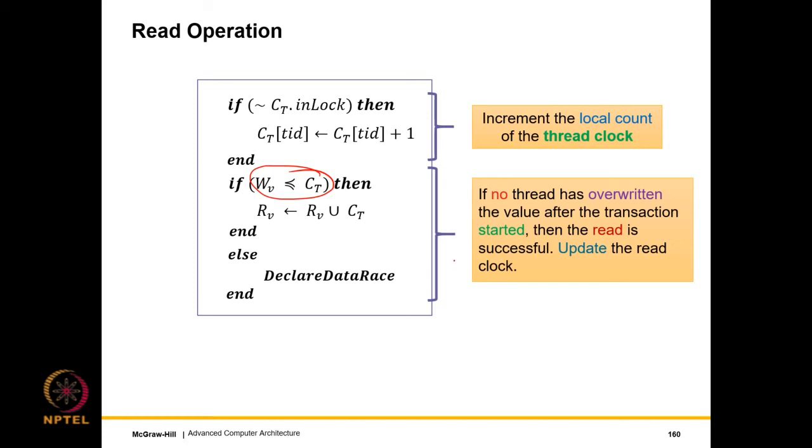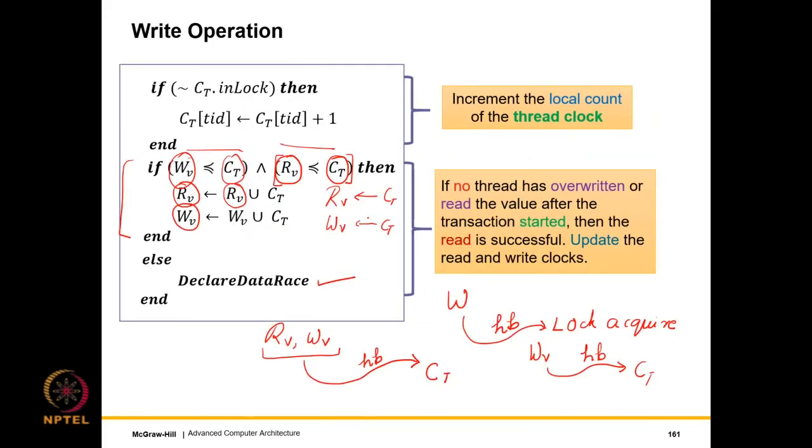And if I'm reading, I can continue to read. There is no problem. And so that's the reason there is no need to check if RV precedes CT in this case. But we rather have this expression. So to keep it consistent, here also this expression has been used. But here, of course, as I have said, we could have directly set RV and WV to CT, and that also would have been correct.